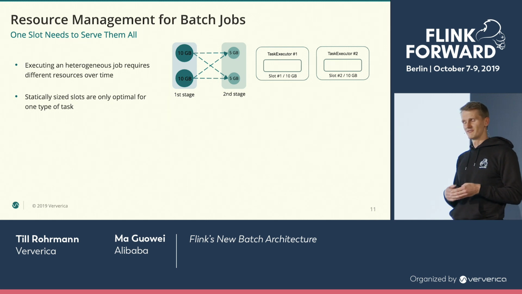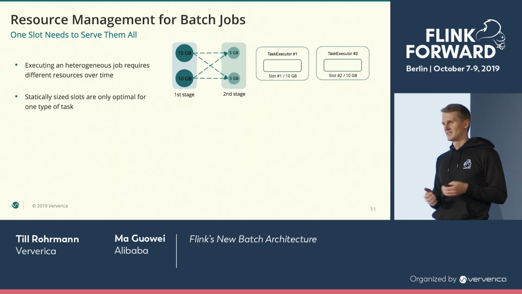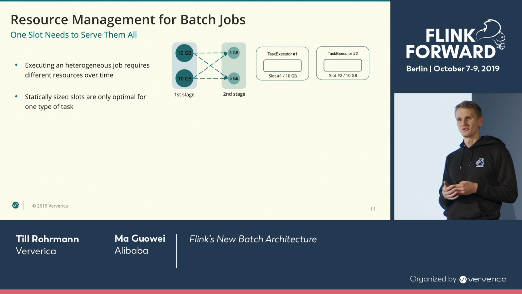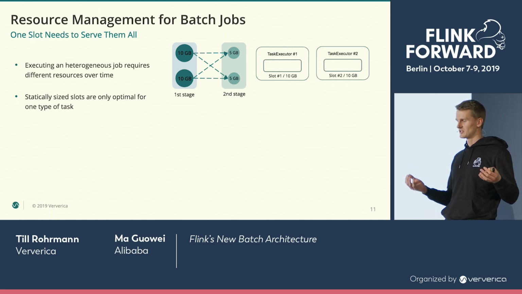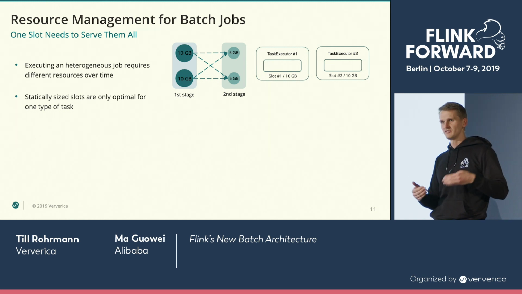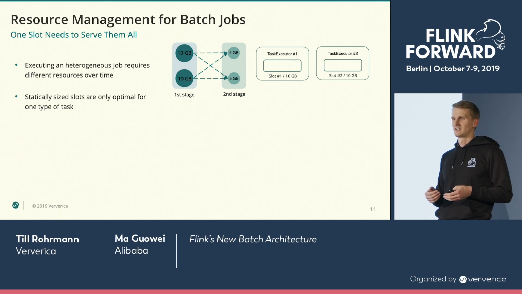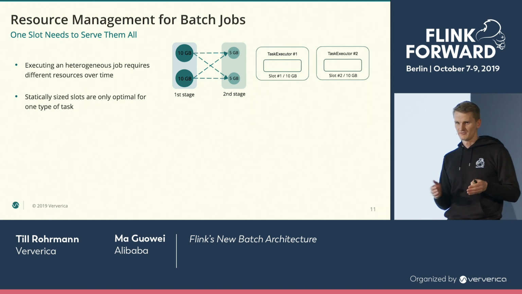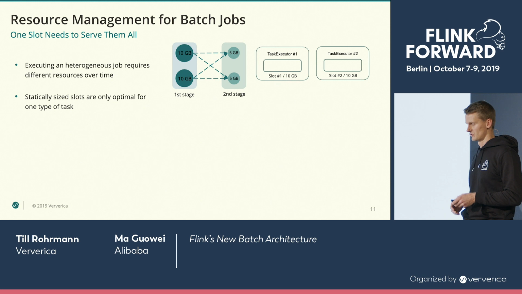The problem is that Flink's slot mechanism is static. So once you start a task executor, you basically decide how much memory you give it and how many slots the task executor should be started with. And this stays fixed for the whole lifetime of the task executor.